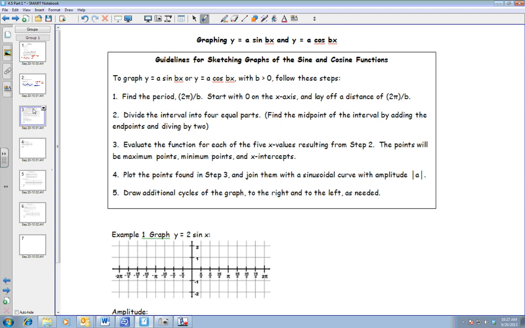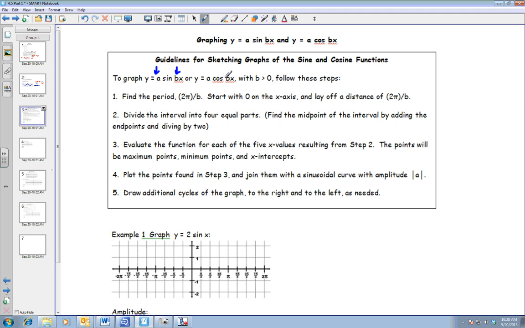So I gave you some guidelines for sketching graphs. And if you'll notice, it says to graph y equals a sine bx or a cosine bx. So sometimes they're going to give you a number in front of the sine, and sometimes they may give you a number before the x. Those two things are going to tell you two separate things.